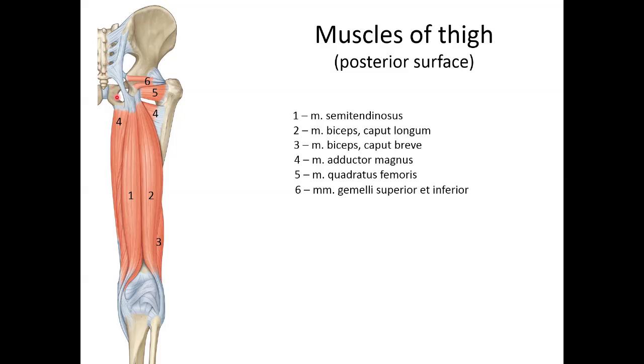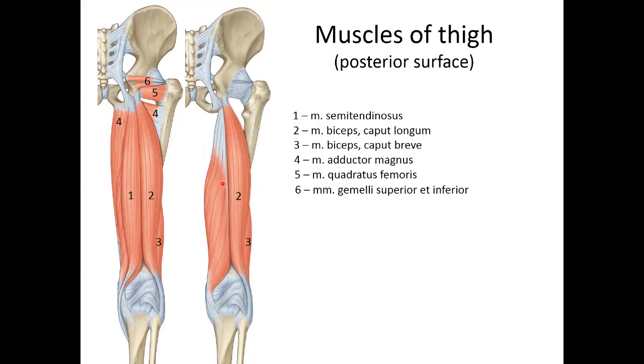That means both obturator muscles were cut and removed. That's why gemelli are without the third tendon, without the tendon of musculus obturatorius internus.